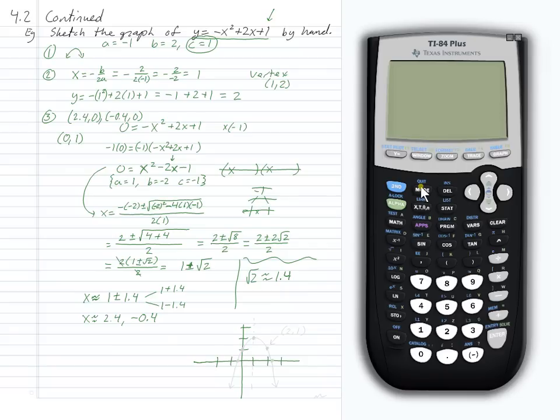That will come into effect as soon as I start graphing my vertex at 1, 2. My x-intercepts are in the neighborhood of 2.4 and negative 0.4. And finally, our y-intercept is up here at 0, 1.